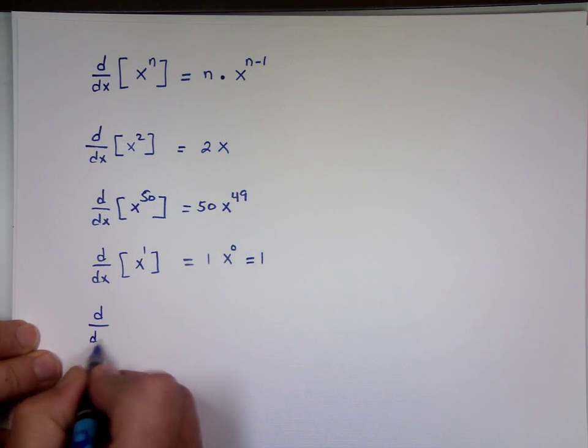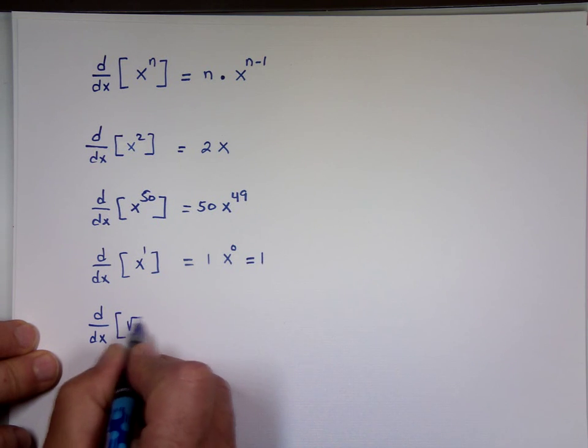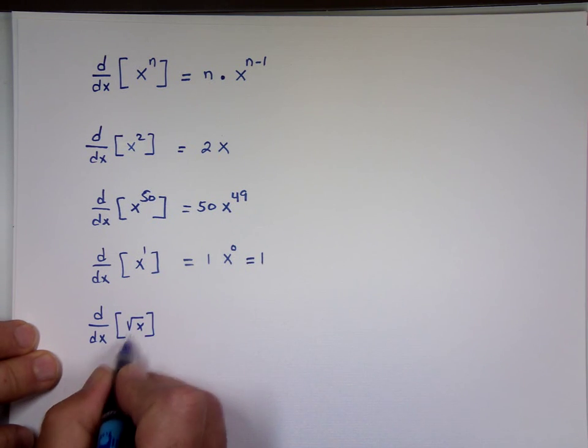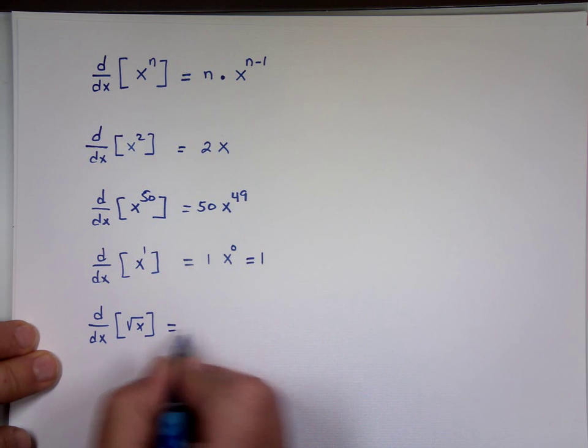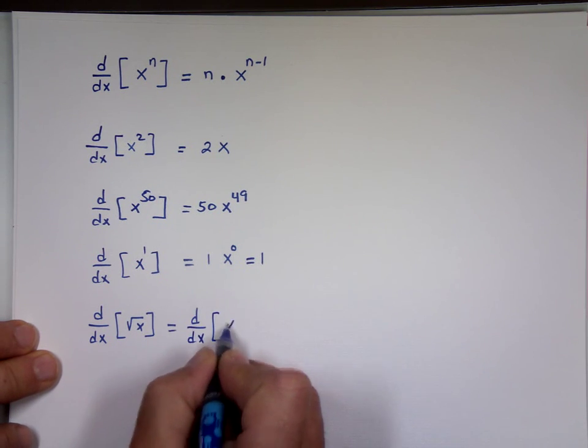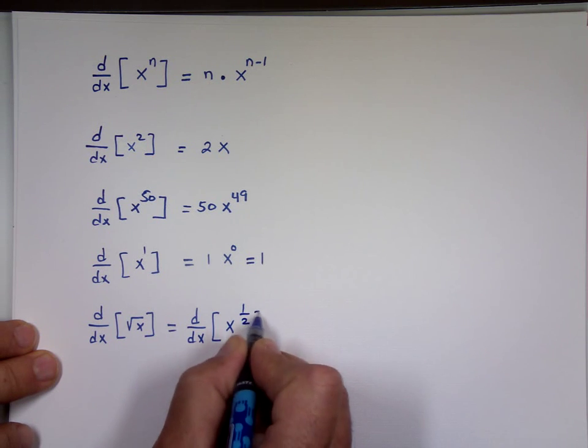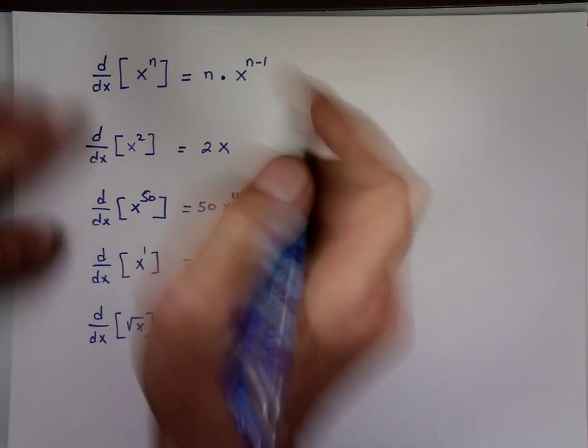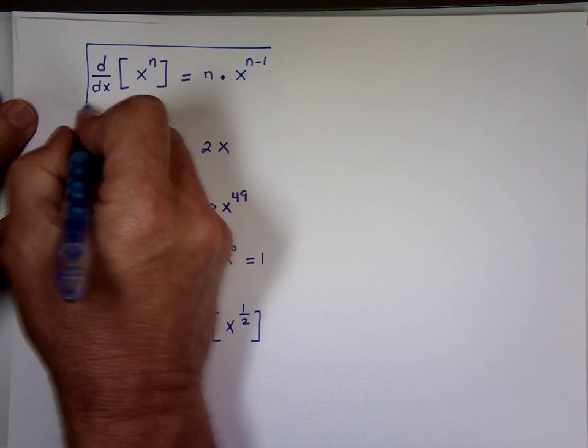The derivative of the square root of x. Square root of x is x to what power? 1/2, yep. Change it to that first, then you can apply this rule. I'm going to put a box around it.